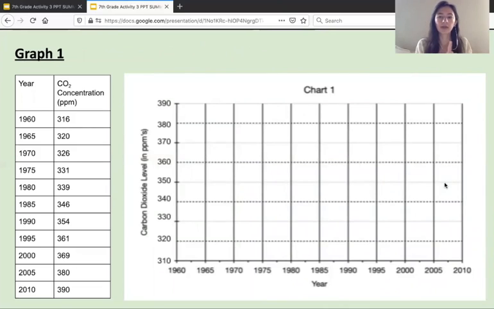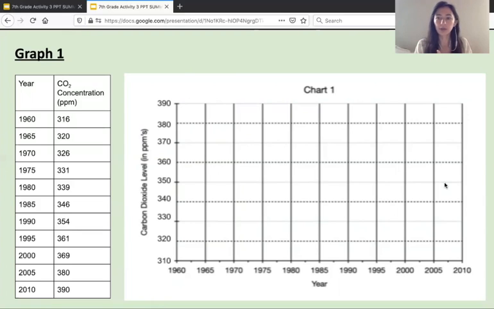We are going to graph how much CO2 is being measured in our atmosphere in parts per million. That's what ppm stands for. So I took readings from every 5 years between 1960 and 2010. I got this from the NOAA website. You can go on and look at the data yourself.